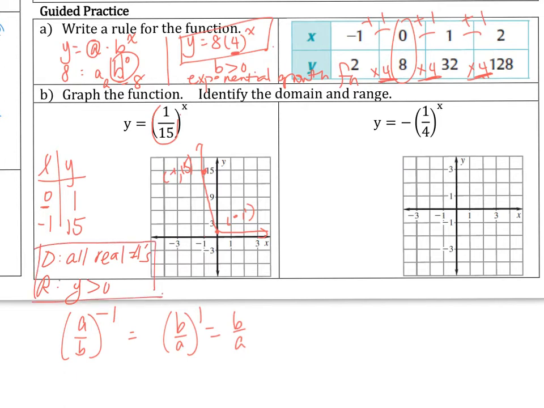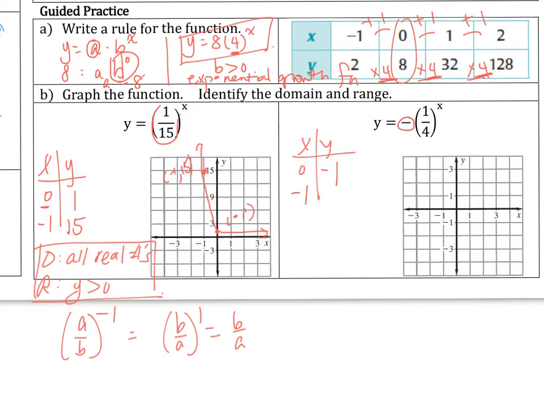And for this one, I'm going to still use 0. 1/4 to the 0 power is 1, and 1 times -1 is -1. And then I'm going to use -1.